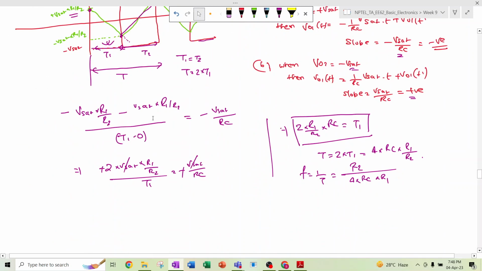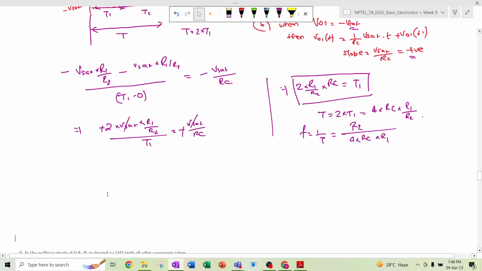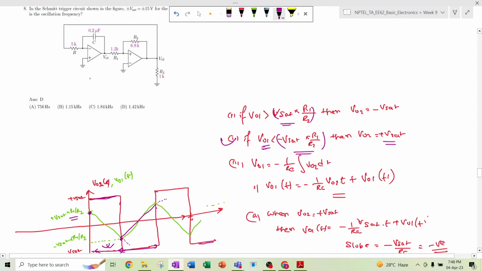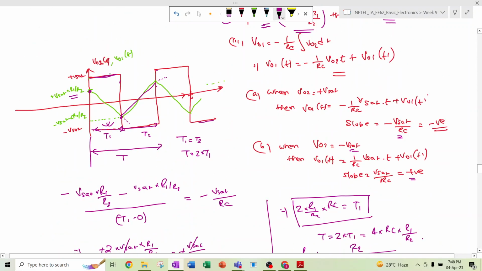So frequency f will be R2. What is the value of R2? R2 is nothing but 6.8 kilo ohm, right? 6.8k and 1.2k.